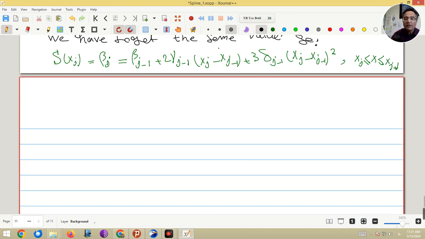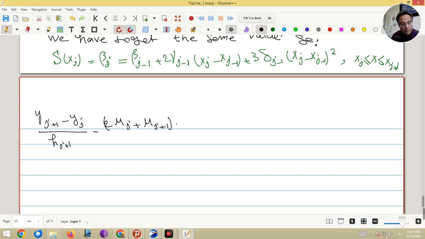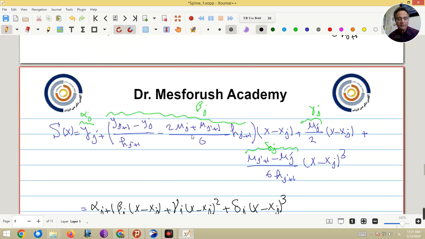Okay, so we will get yj plus 1 minus yj over hj plus 1 minus 2mj plus mj plus 1 times hj plus 1 over 6. In fact, this is exactly this value. Look, this is exactly this value.